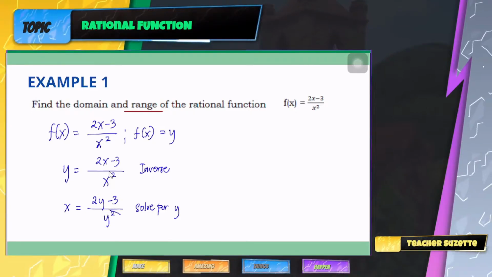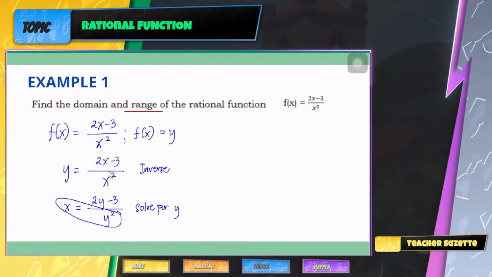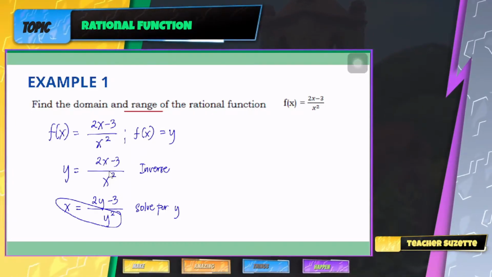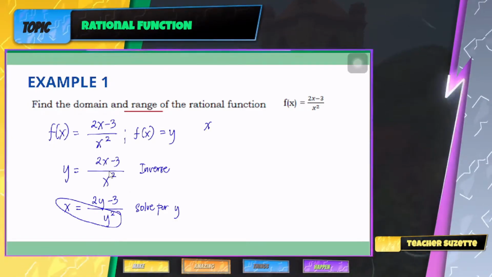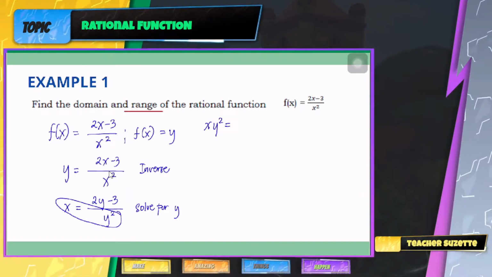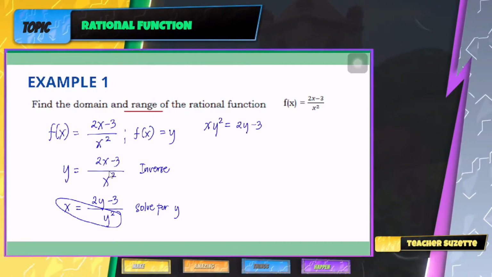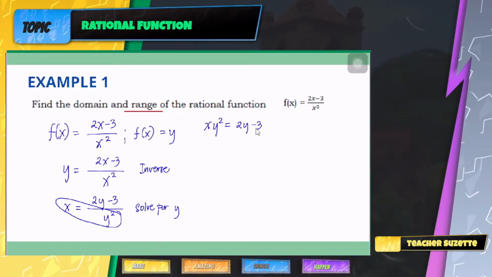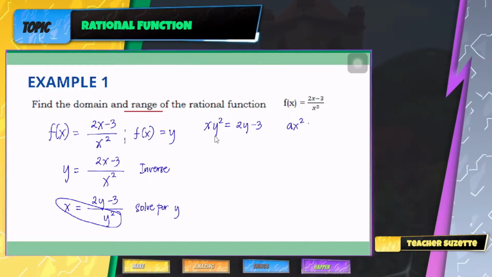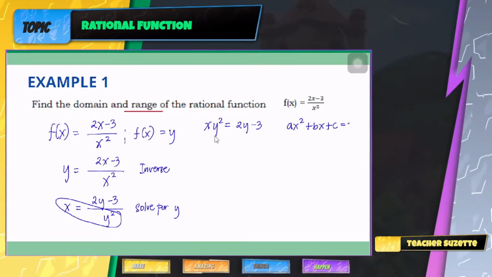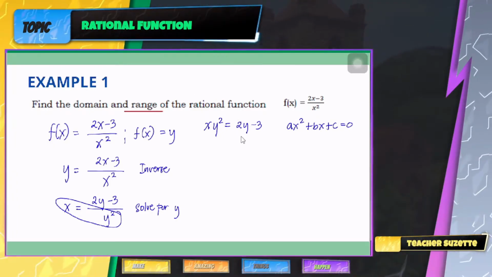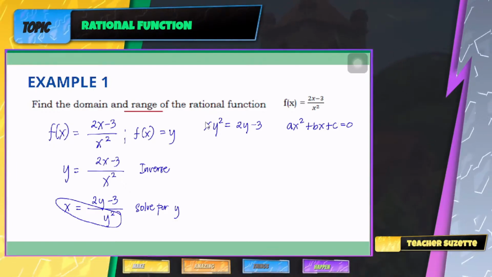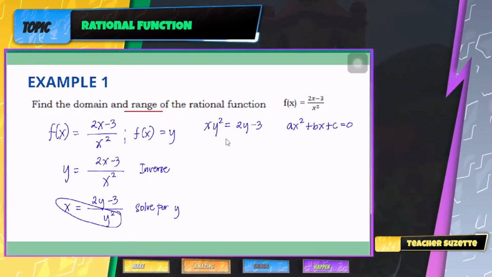We simplify by multiplying x with the denominator y squared. So, you will have x y squared equal to 2y minus 3. You will notice that x y squared is equal to 2y minus 3, and you can transform this into a quadratic equation. What is the quadratic equation form? Ax squared plus bx plus c is equal to 0. We can move the 2y minus 3 to the other side so the equation is equal to 0.